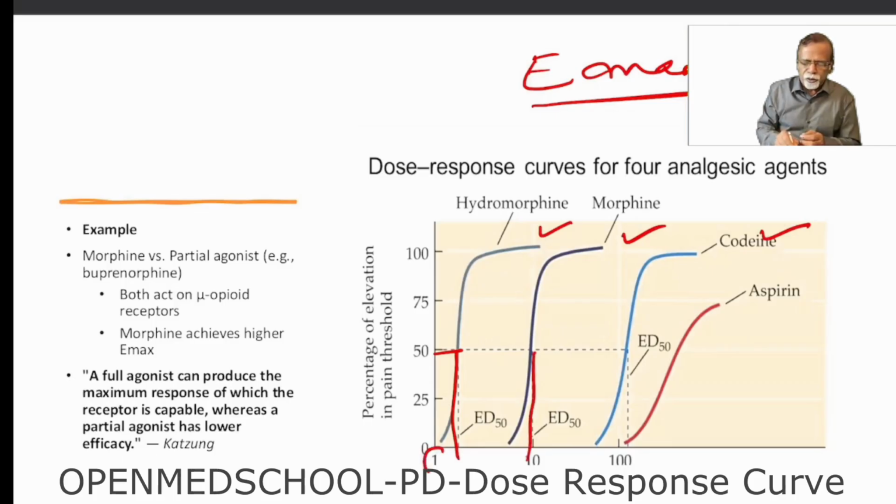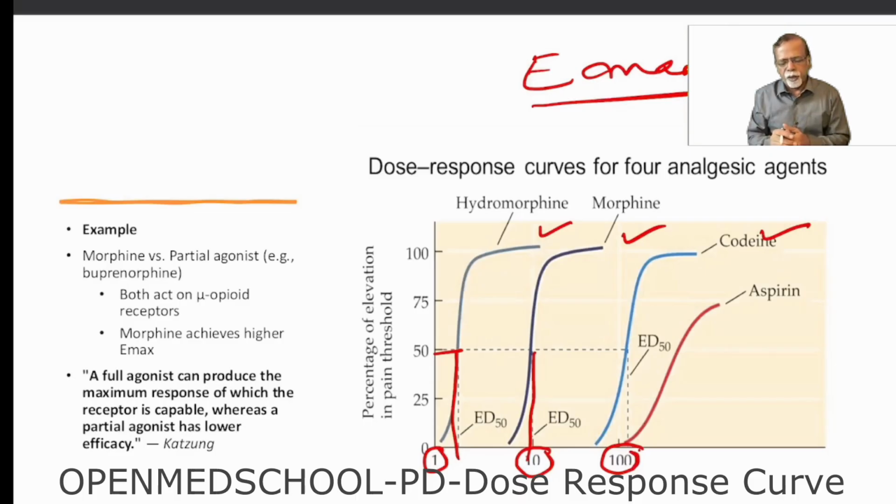So 1 milligram of hydromorphone is equal to 10 milligrams of morphine. Which drug is more potent? Definitely hydromorphone. The lower the ED50 for the Emax, the more potent the drug. Codeine requires 100 milligrams to produce the effect of 10 milligrams of morphine. So codeine is less potent, even though the efficacy is the same.